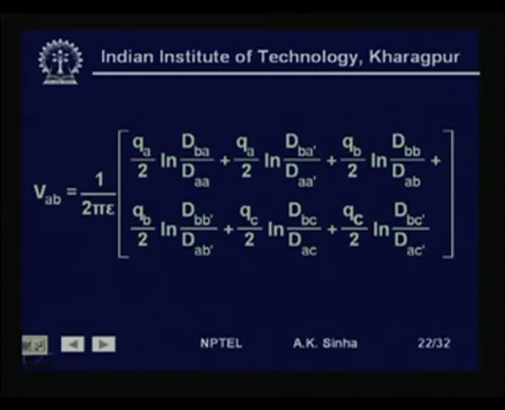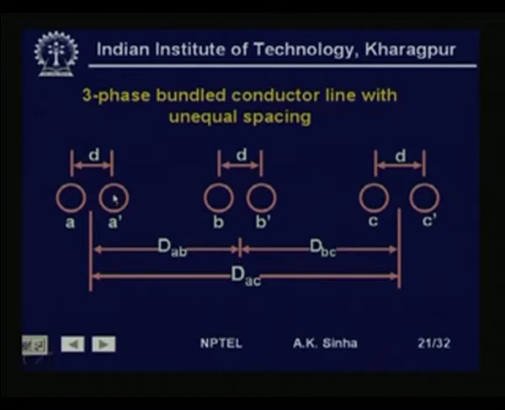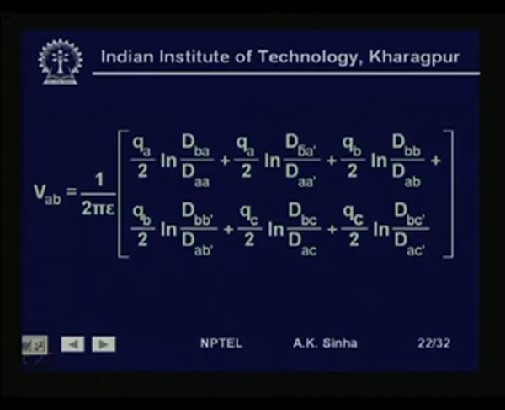due to the charges on each of these subconductors. So, V_AB will be equal to 1 by 2 pi epsilon times the following. Due to the charge on subconductor 1 of phase A, it will be q_A by 2, the charge on that subconductor, into ln of d_BA by d_AA, that is the distance from A to B divided by the distance of A to A, which is the radius of the conductor, plus q_A by 2 due to the second subconductor in phase A, into ln of d_BA' by d_AA'.